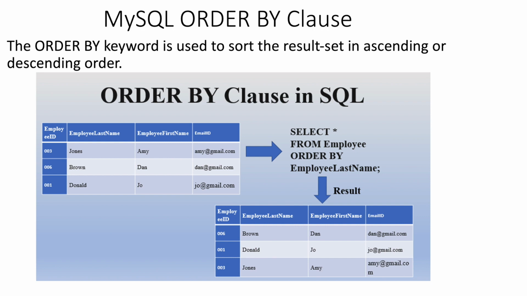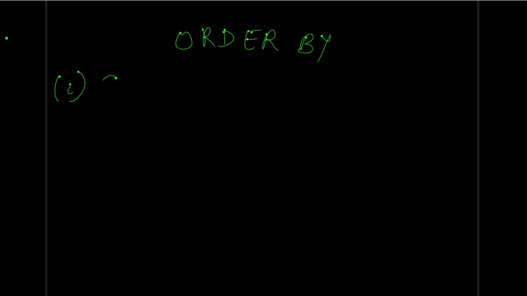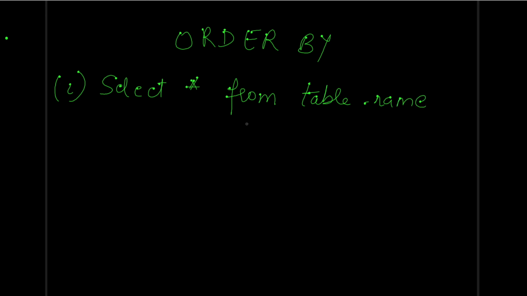So let's understand the syntax first and then we'll write our query in SQL Workbench and try to execute it. So what is the syntax for order by statement? First you need to write your select statement, select star, or you can say column 1, column 2 from table name. In this case our table name would be employees table, and then you need to write your order by clause. Order by, let's say you want to arrange the data based on the employee first name.